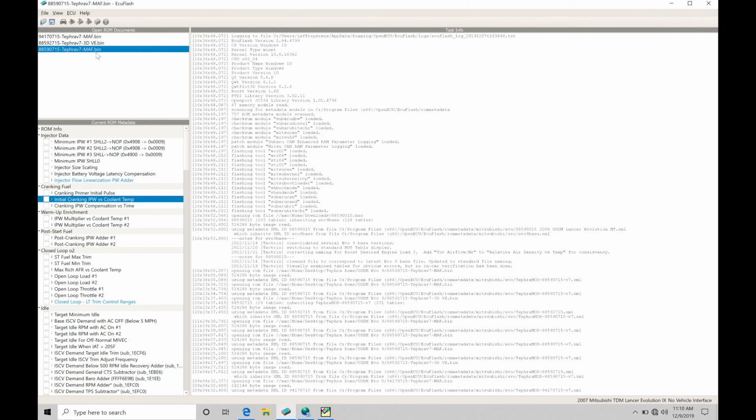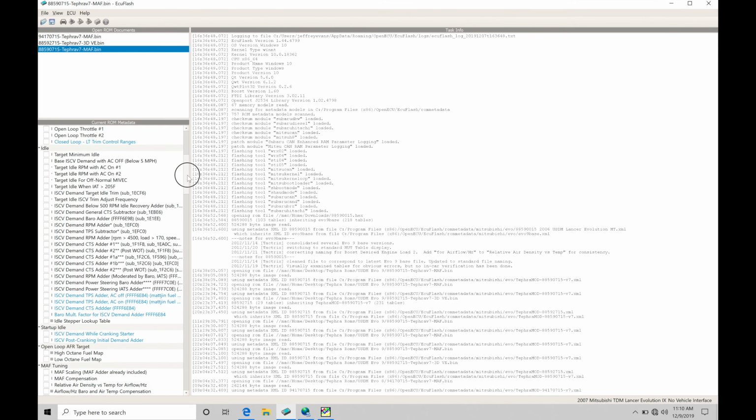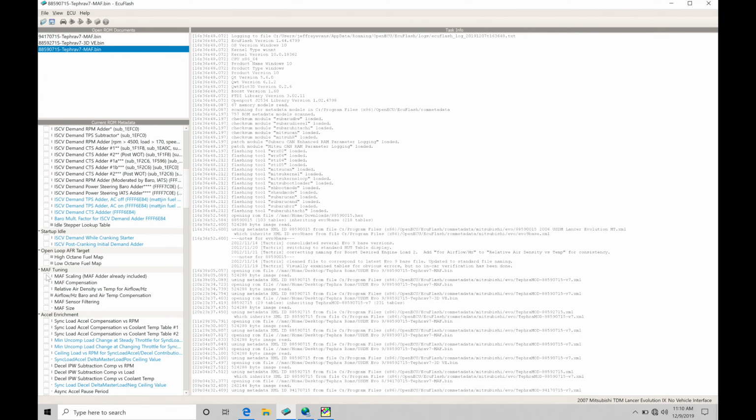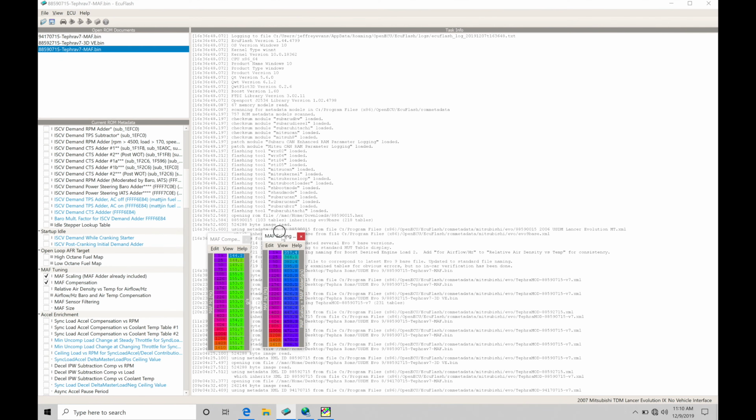Under cranking, it's going to have really low airflow coming into the engine. If we move down in here into our mass airflow section, we have our MAF tuning. We have our MAF compensation and MAF scaling. Now within these two tables here, we're going to find that under cranking conditions, we're typically here under the 19 Hertz value. So under our compensation, this is where some of the compensation is coming from, and then in the scaling and load here for the MAF scaling, we're going to be associating here with this value.